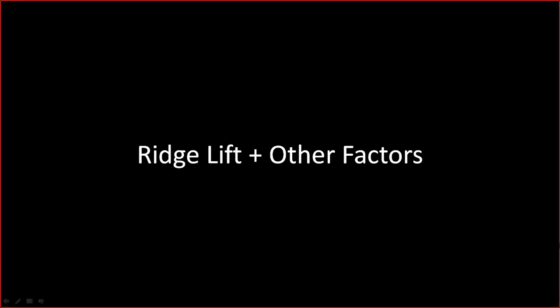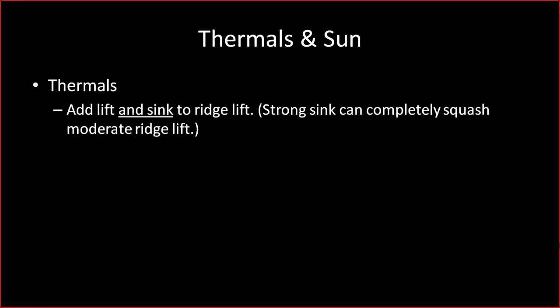So let's look at what happens in ridge lift when you combine it with some other factors. Thermals, for example. Thermals don't care whether there's ridge lift, other than ridge lift can help trigger them, but thermals can come from upwind of the ridge lift, drift right through it, up and over the ridge, and keep on going.